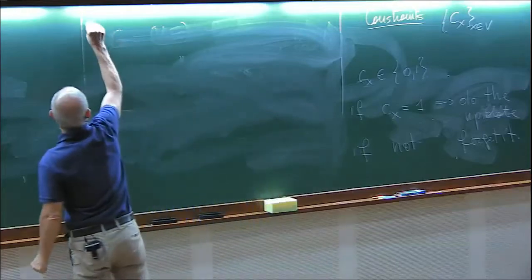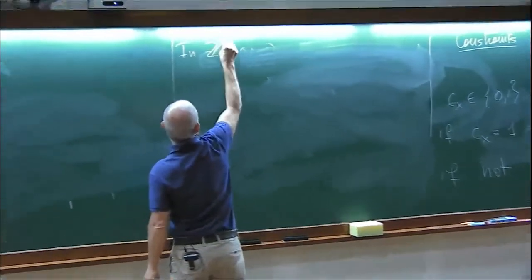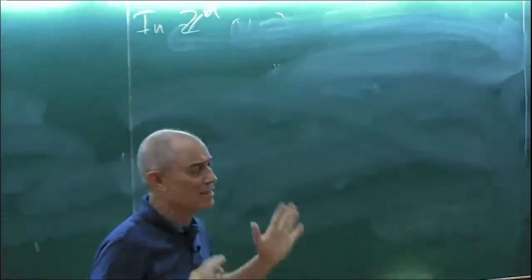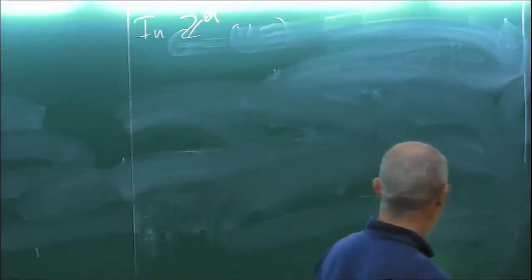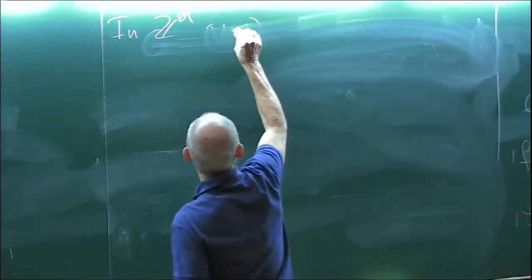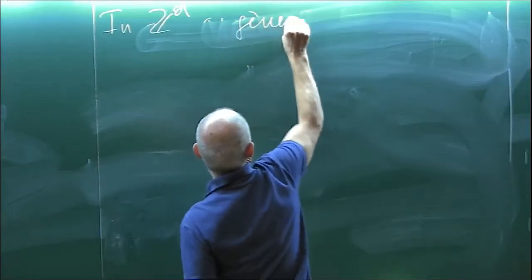I could also formulate this on a general graph, but it really doesn't matter. So on Z^d, the general formulation is the following.